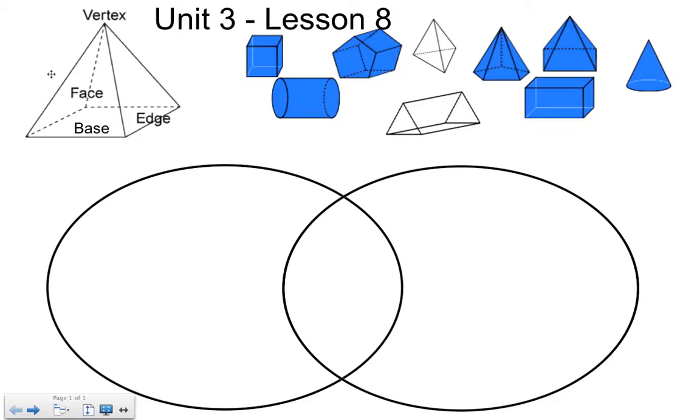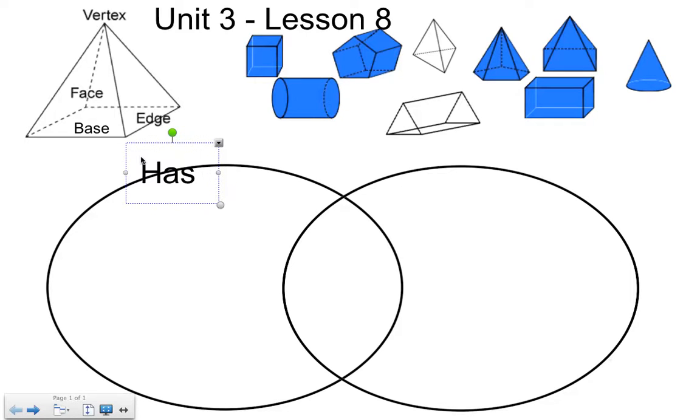Okay, so we're going to look at these and come up with an attribute for this Venn diagram here. Again, like we do with two-dimensional geometry, it doesn't matter what attributes or what number you use, just as long as you have something kind of different. Okay.